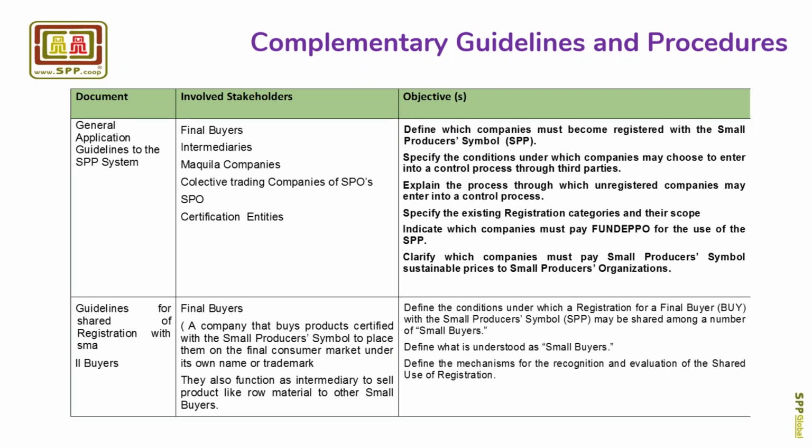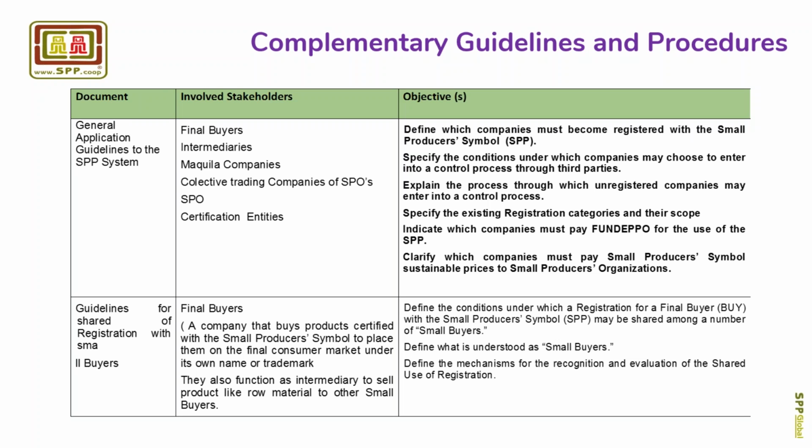Then they are only offering a service, a processing plant or an importer. They are not really interested in the SPP system or in SPP certification. In this case, it is allowed not to apply for a registration.